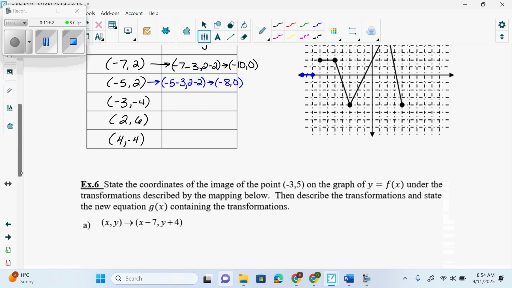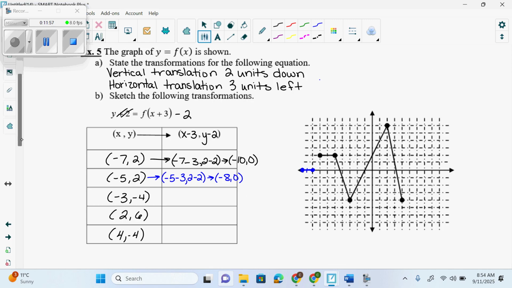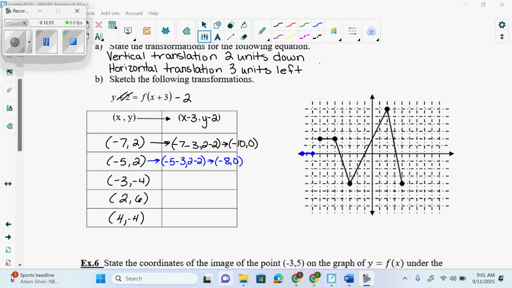So finish off B, and then I want you to do example 6. I don't know why I was scrolling. B and then example 6. So we put this one in. It's mapping. We get negative 3 minus 3, comma, negative 4 minus 2. And we get negative 6, negative 6. 1, 2, 3, 4, 5, 6. Awesome count. Then connect, right?